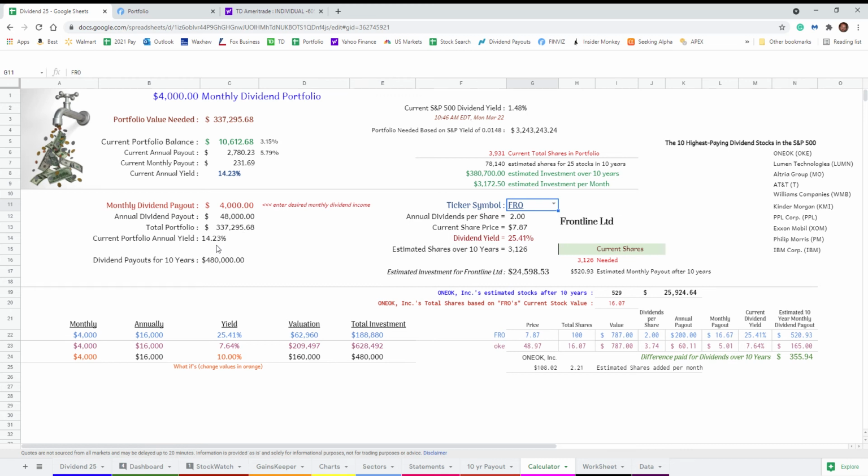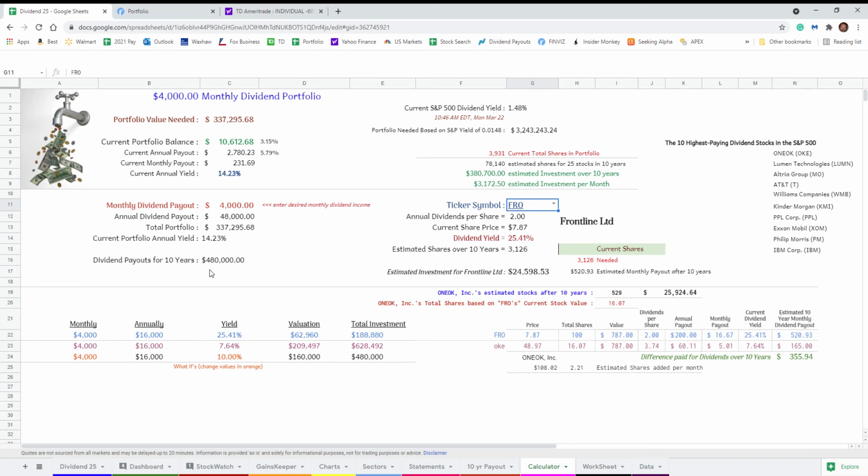That's making 14.23% annual yield. So now here's kind of a cool number. In 10 years, if this was to happen, you're looking at $408,000 in dividend payouts. That's really kind of awesome.